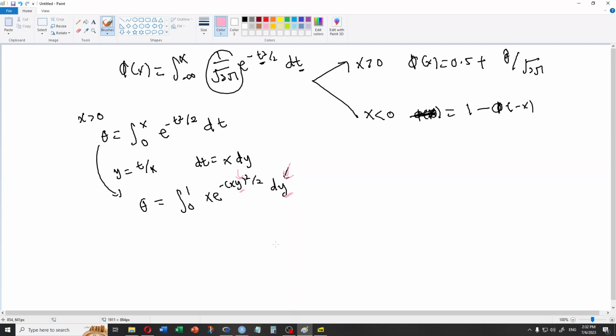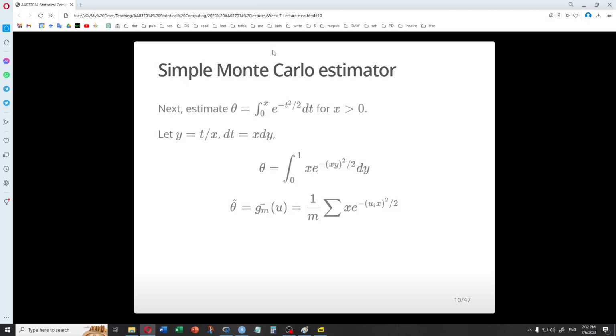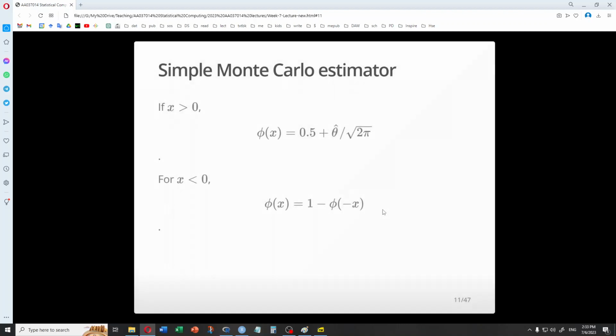So theta, the estimated theta, is given by 1 over m times the sum of x times the exponent of negative x ui squared divided by 2, and here you can see that y is denoted by ui. Okay, and ui are the random numbers, and again this is the CDF when x is larger than 0, and this is when x is less than 0.